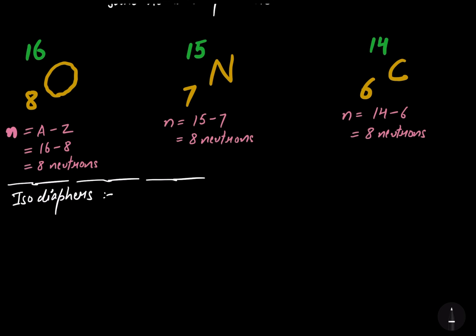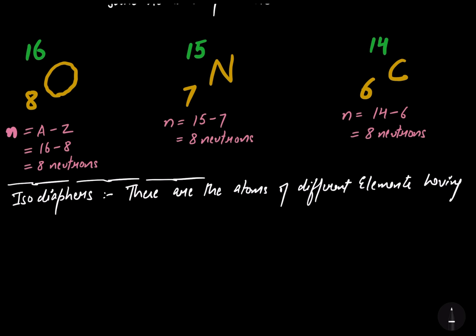So what are isodiaphers? First of all, I'm writing: these are the atoms of different elements having different number of neutrons and protons.